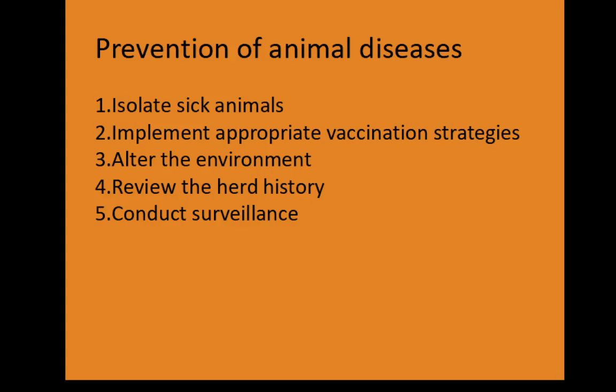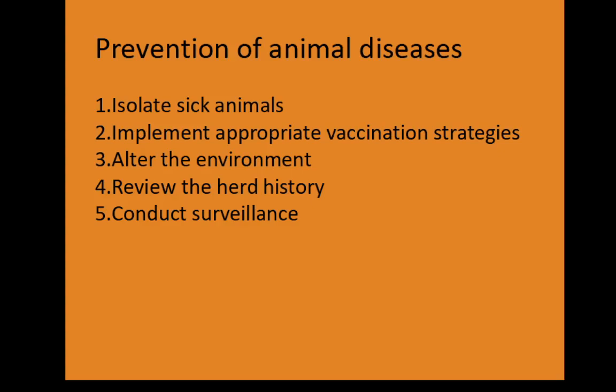Some of the vaccines have been included in that program probably because the farm had that disease before, and so it was essential to include that as part of the vaccination program.